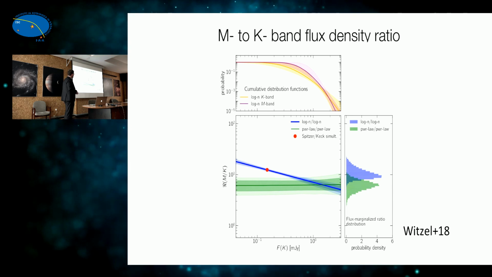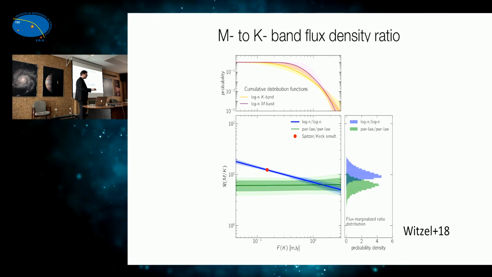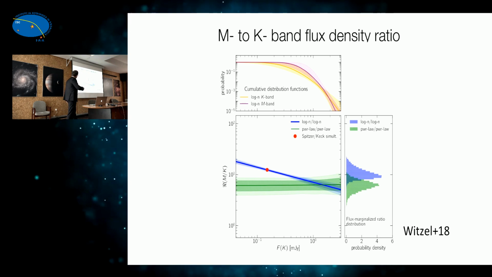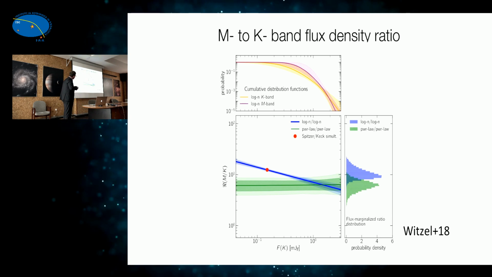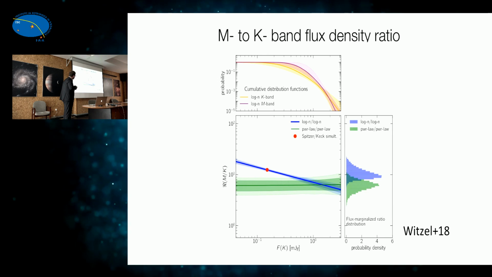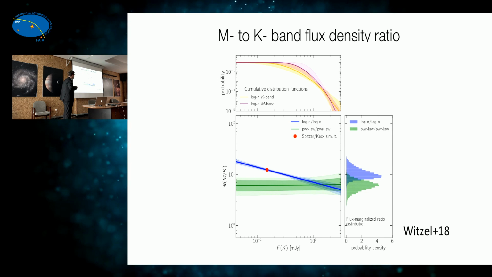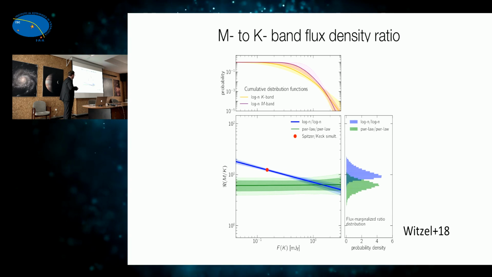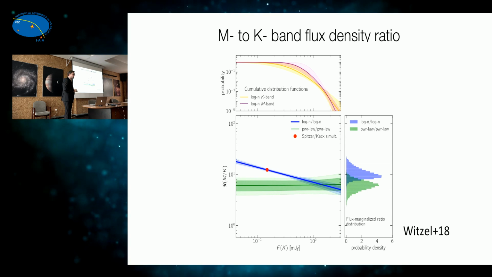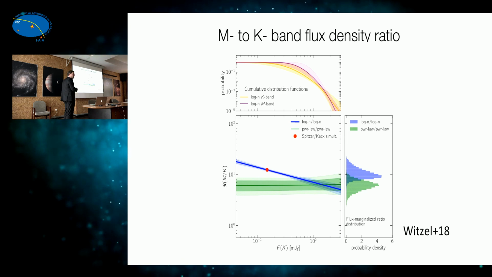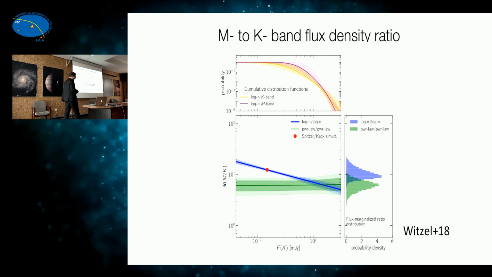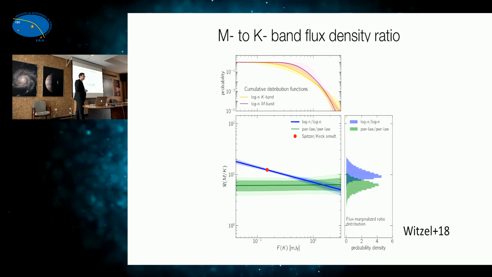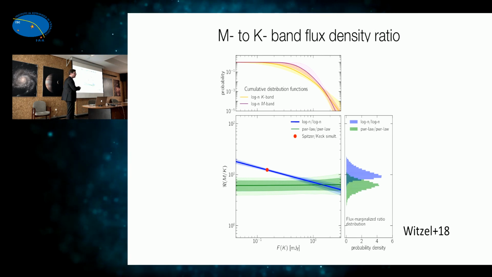And if you take two power laws for 4.5 microns and 2.2 microns, you will find that the likeliest case is a constant spectral index or constant ratio M to K flux over all the flux density range. But we know that it's not true, because we have measured this red point here. So actually what we had to do is force our fitter to obey this additional constraint.